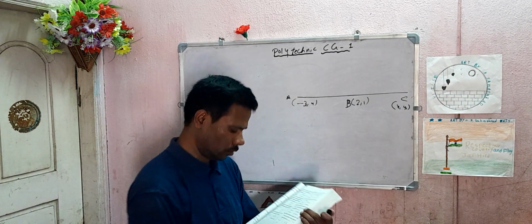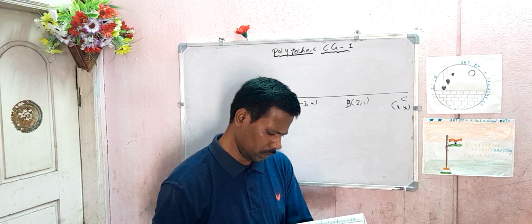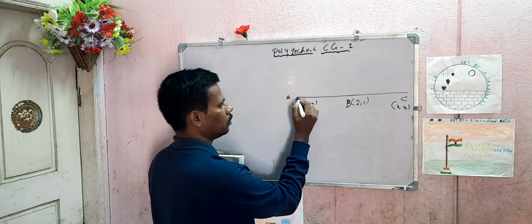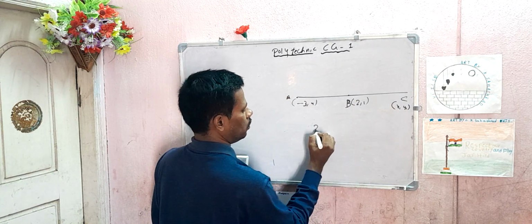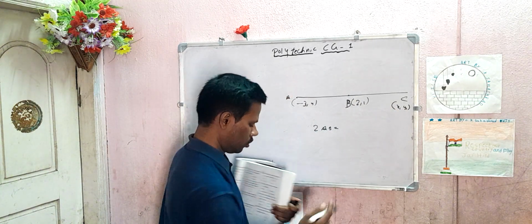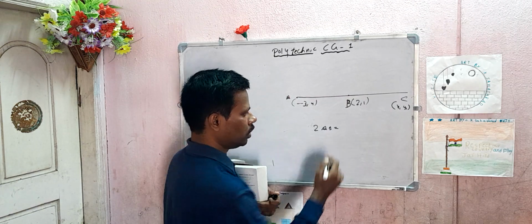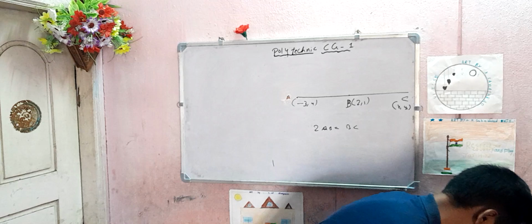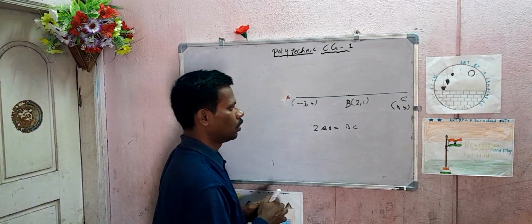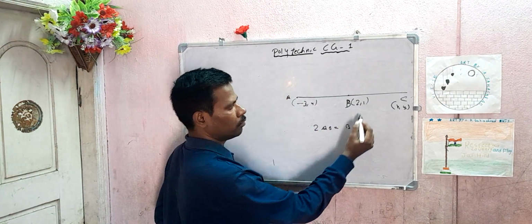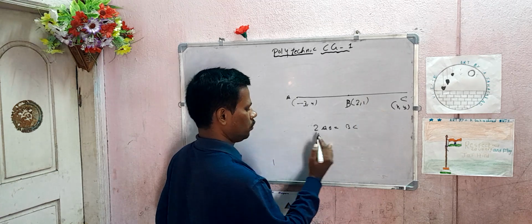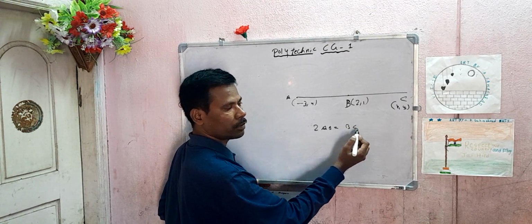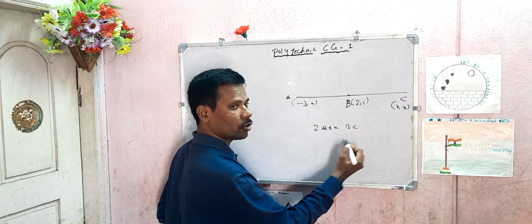Mark like this. What is given? It is extended up to C such that 2AB is equal to BC. Simple, student. Twice AB is nothing but BC.